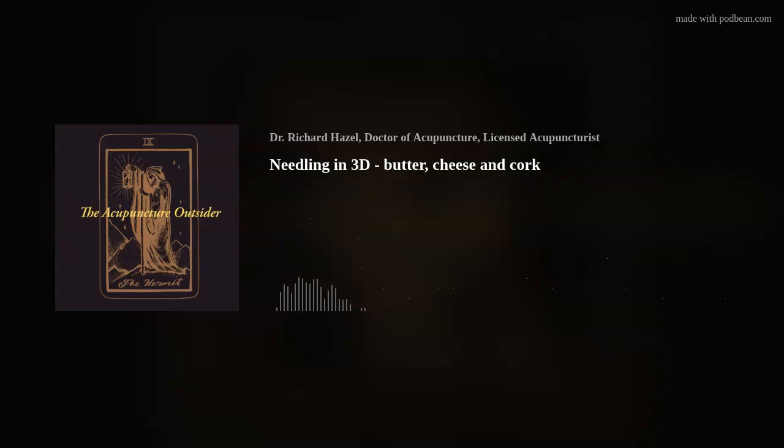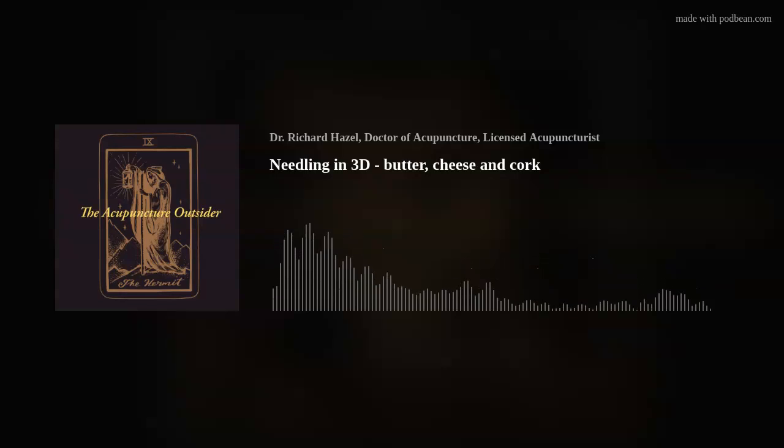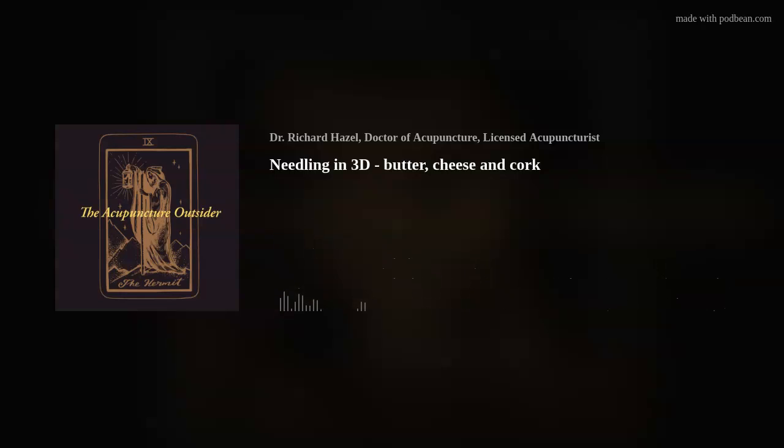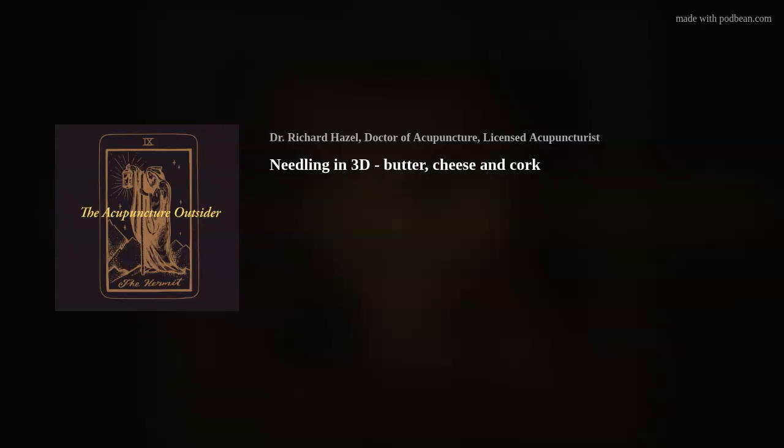Gluteus medius is a phasic muscle that's prone to inhibition, more prone to getting weak. Whereas the gluteus minimus and the TFL are postural muscles or tonic muscles and more prone to getting tight.